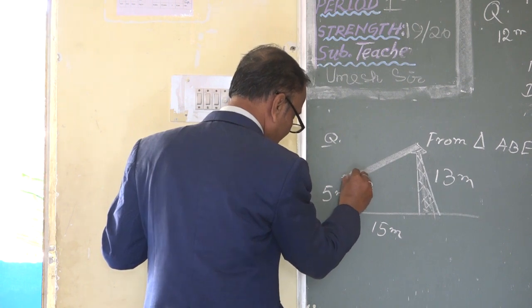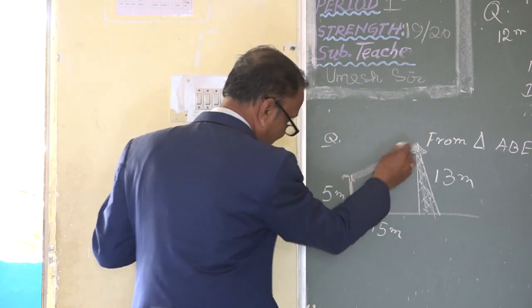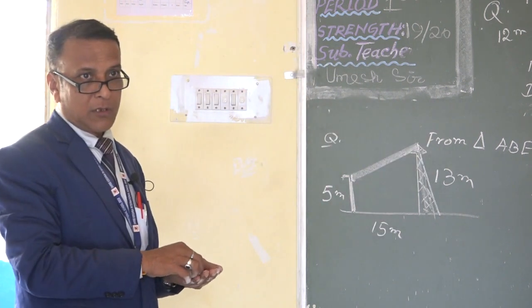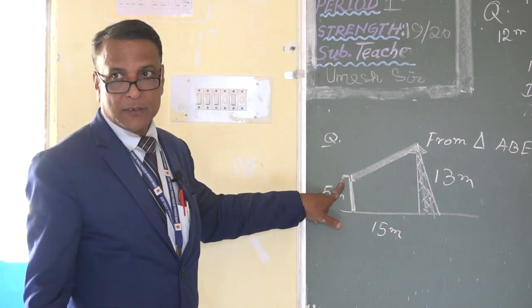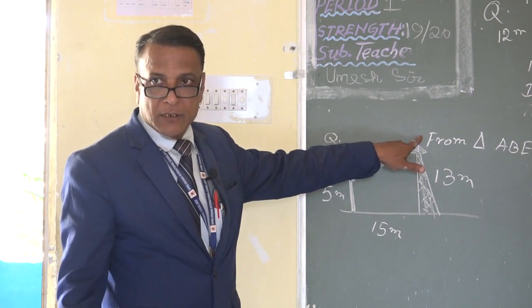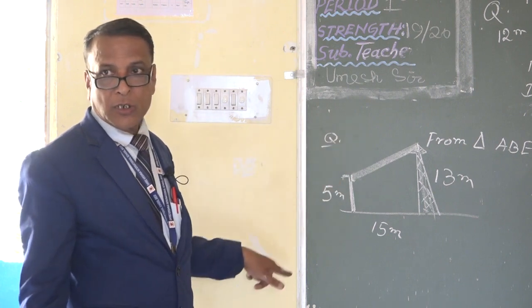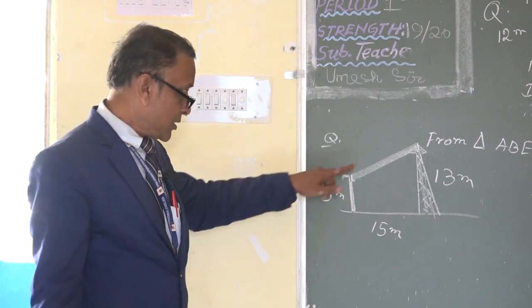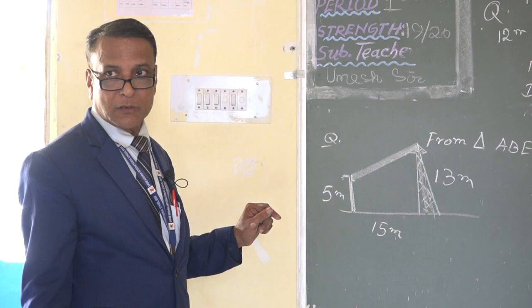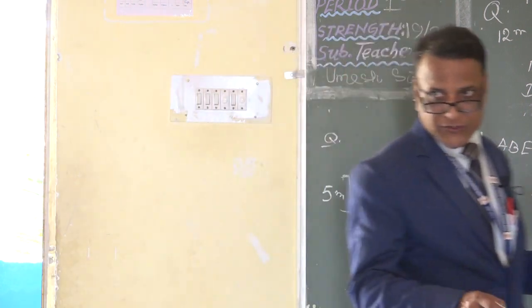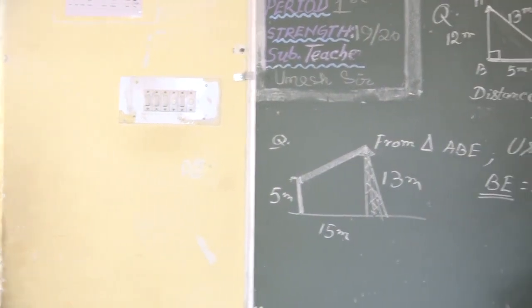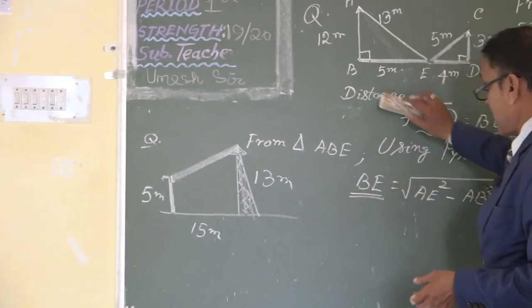ये जो, what is the length between their tips? ये इलेक्ट्रिक पोल का टिप है, ये टावर का टिप है. So what is the length between these two? Understood my question? One electric pole of height 5 meter is there.